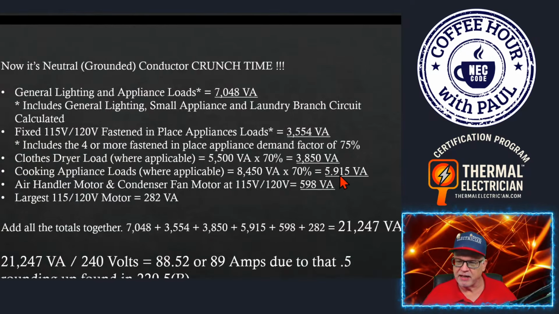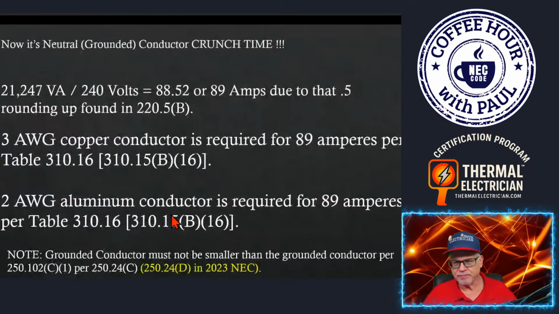That's 5,915. The air handler motor and the compressor motor, that was 598. We just did that. And that largest motor was 282. Add this all up, 21,247. Divide that by 240. That is 89 amps, or 88.52. Due to that 0.5, we're rounding it up to 89 amps.